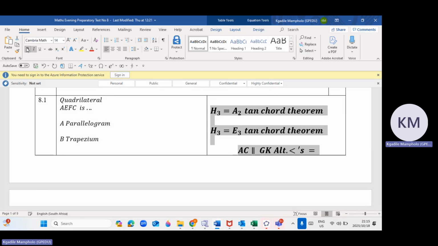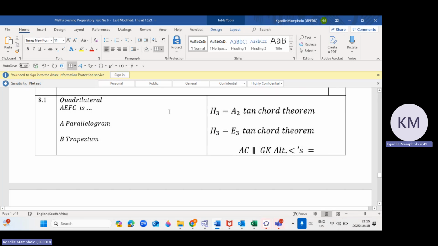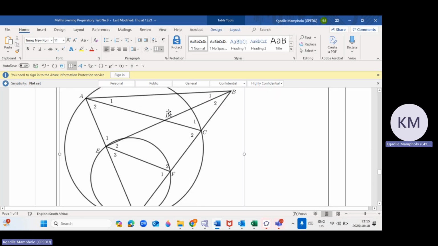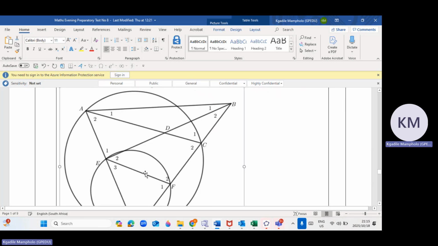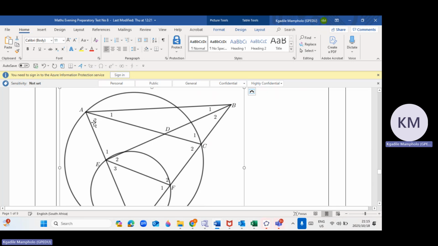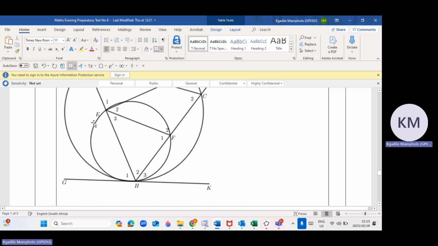Okay, let's look at this. H3 equals A2, by the tangent theorem. The very same H3 equals E3 in the small circle, tangent theorem again.